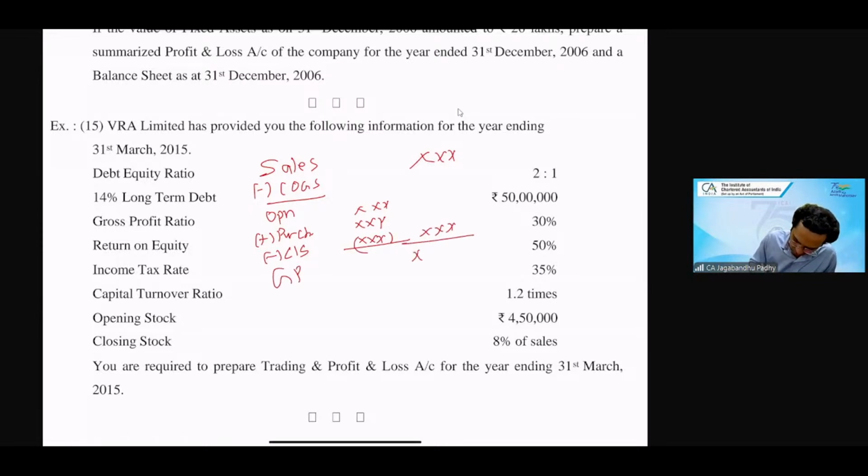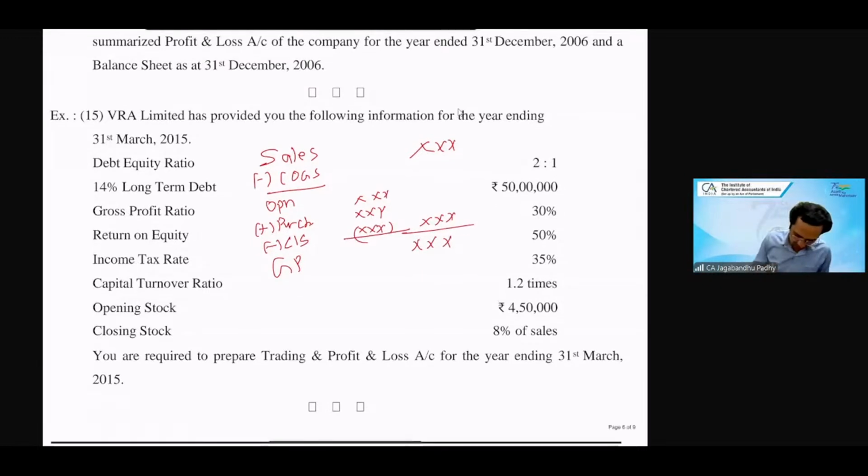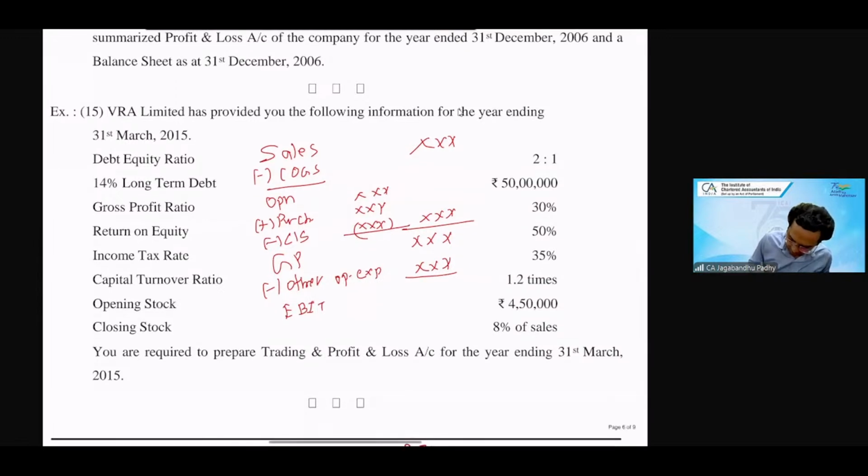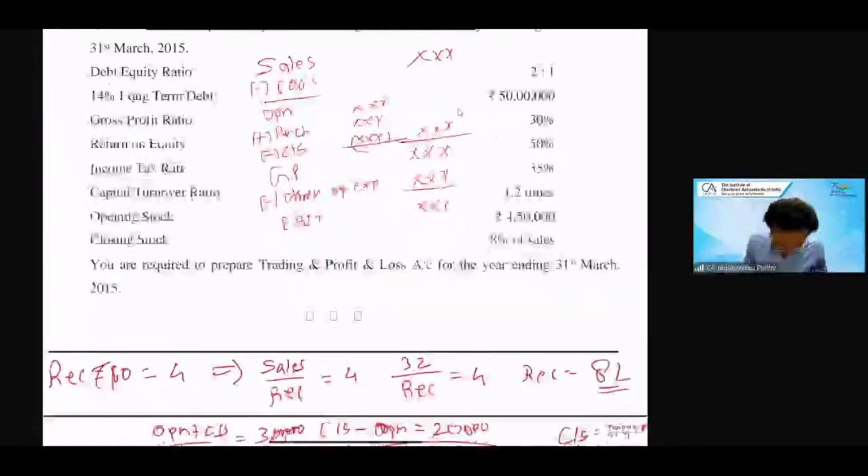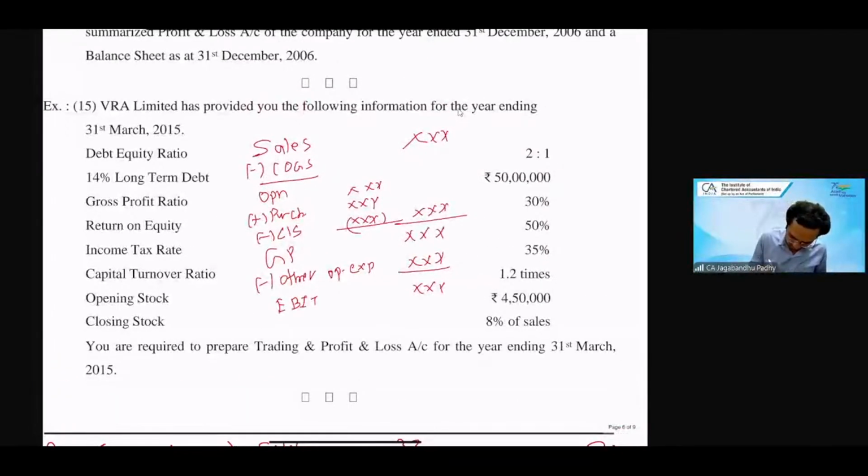Then you get gross profit, right? From gross profit, you're going to reduce other operating expenses, that will give you EBIT. Then from EBIT, you're going to reduce the interest to arrive at profit before tax.